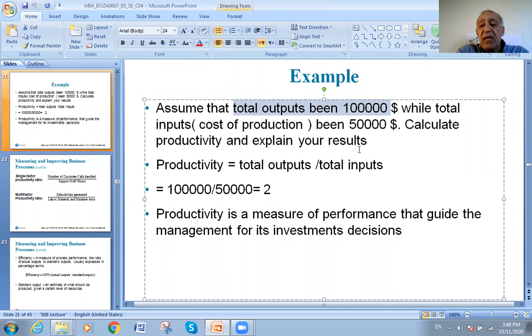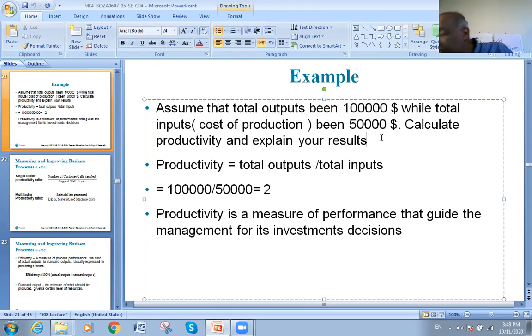As an example, 10,000 units sold, each unit $10, so this would be $100,000, while the total input cost of production is 50,000. The costs of production are all the costs involved in producing this item.